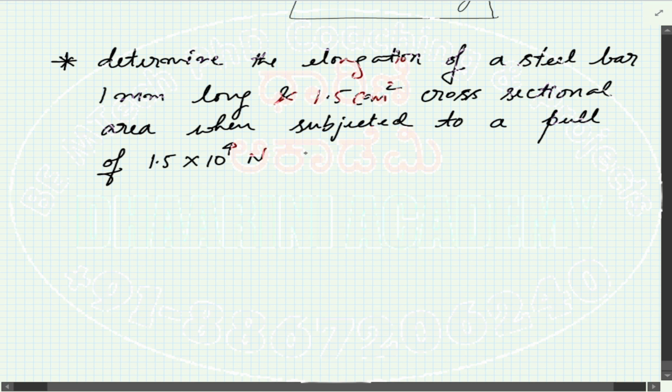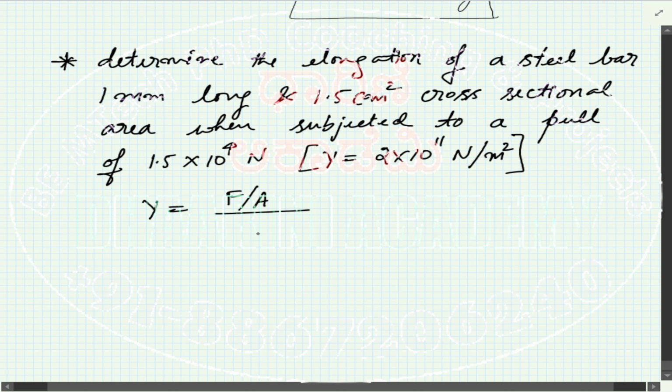They have already given a value, that is Y is equal to 2 into 10 to the 11 Newton per meter square. This is the given Young's modulus. So we know that the Y equation is F by A, whole divided by delta L by L. Now we can see that in this particular case, force is given, area is given, L total length is given, and Y is also given.